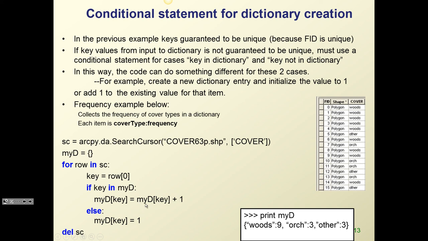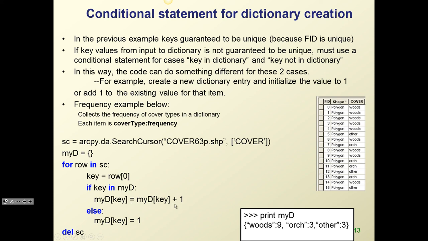Let's see, what is this right here? My D of key. At this point, what's the value of this right now? 1. It's adding 1 and 1, and it's using an assignment statement to set the woods key's item to 2.